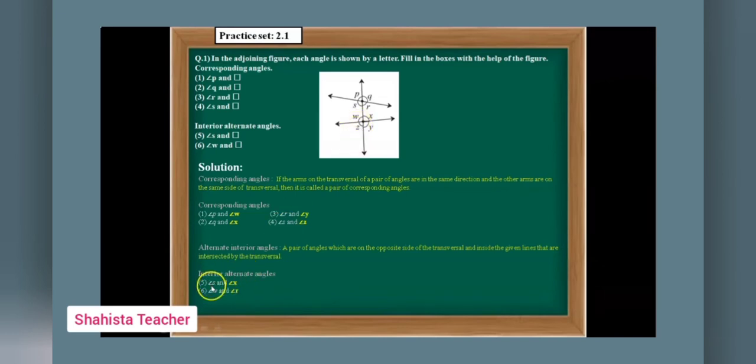So for S, angle X, and for W, angle R. In this way we finish practice set 2.1 question number 1. Now in the next slide we will solve practice set 2.1 question number 2.